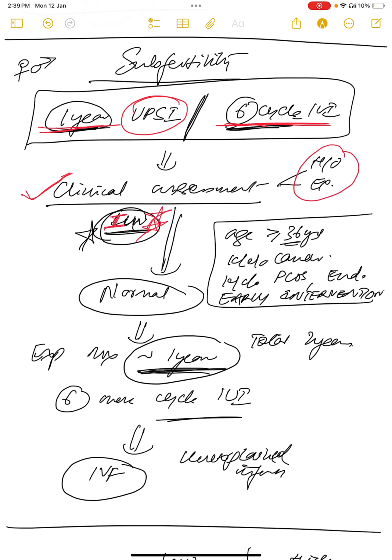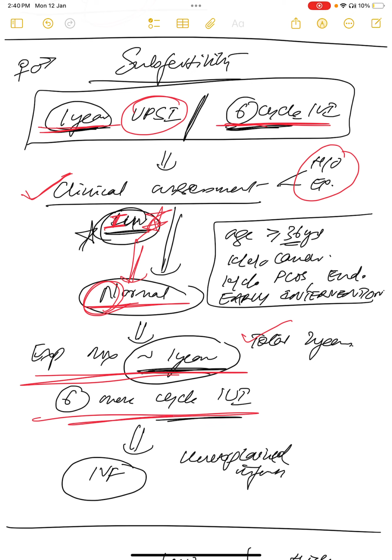If investigations are normal, then maximum for 1 more year or IUI of 6 cycles. If she is still not getting pregnant, that is unexplained infertility, so go for IVF. But for some people, like those aged 36 years, cancer patients, PCOS patients, endometriosis patients, early intervention is required.